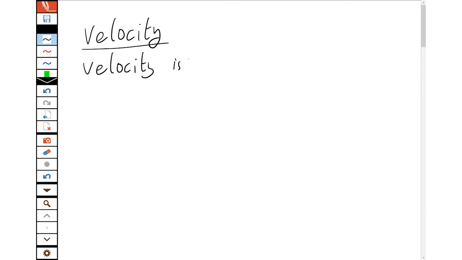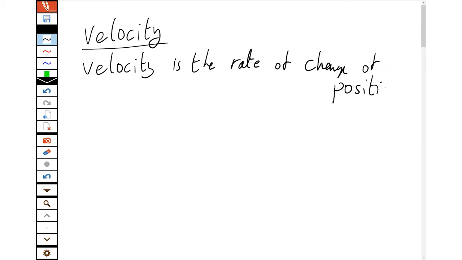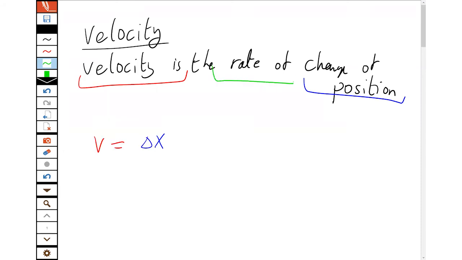The next pair of values is speed and velocity. And we can have a look at this. Velocity is the rate of change of position. And we can break this up. So the velocity is, we've got the change in position, which we saw before, and then the new bit, the rate of.